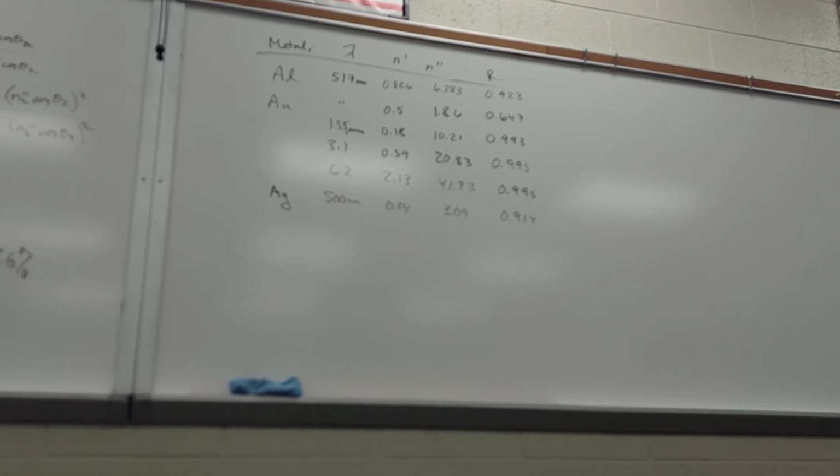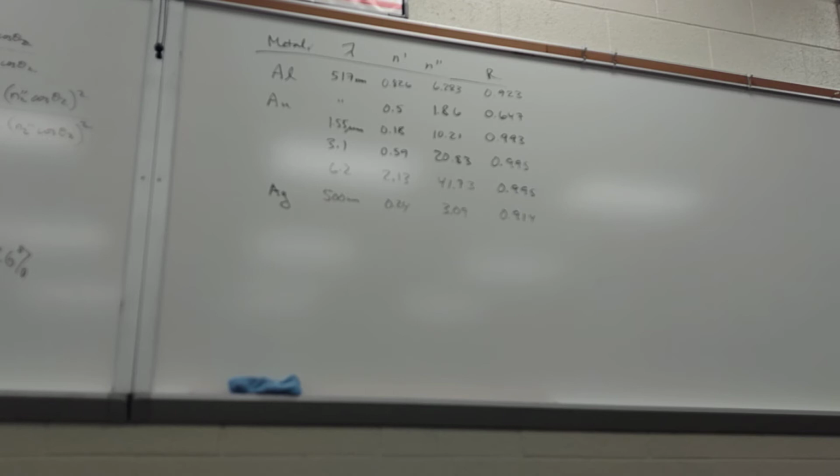So, bottom line is, you can make a really good mirror if you have a material with a very large imaginary part of the refractive index. And so, metals fill the bill there.